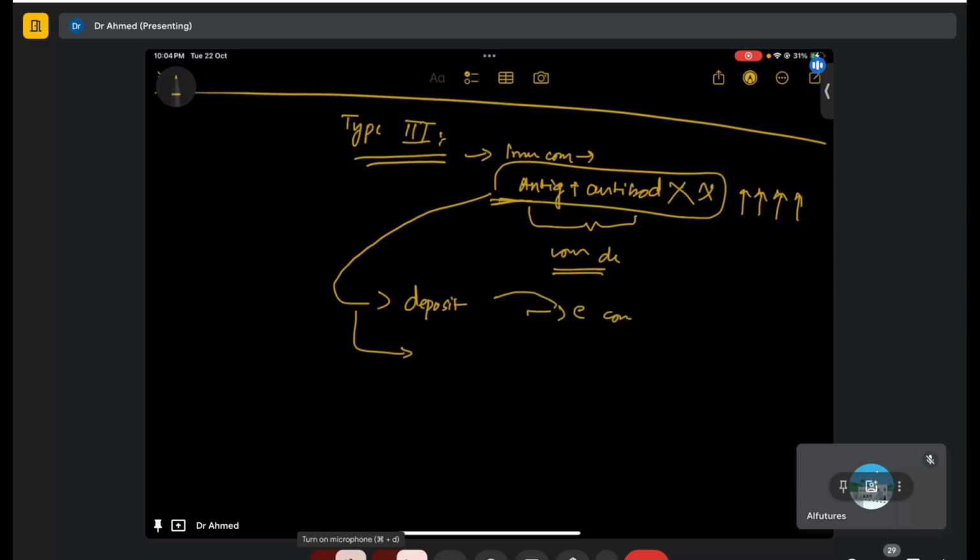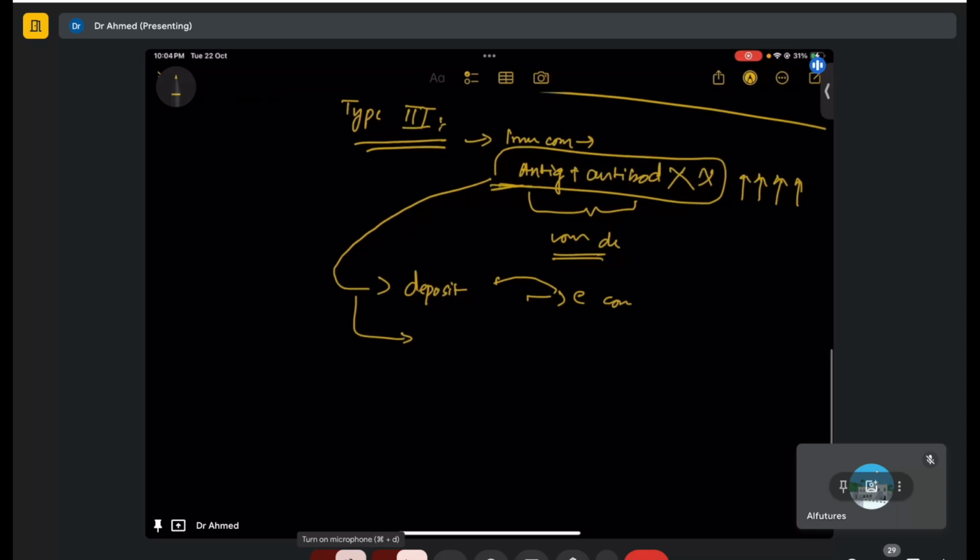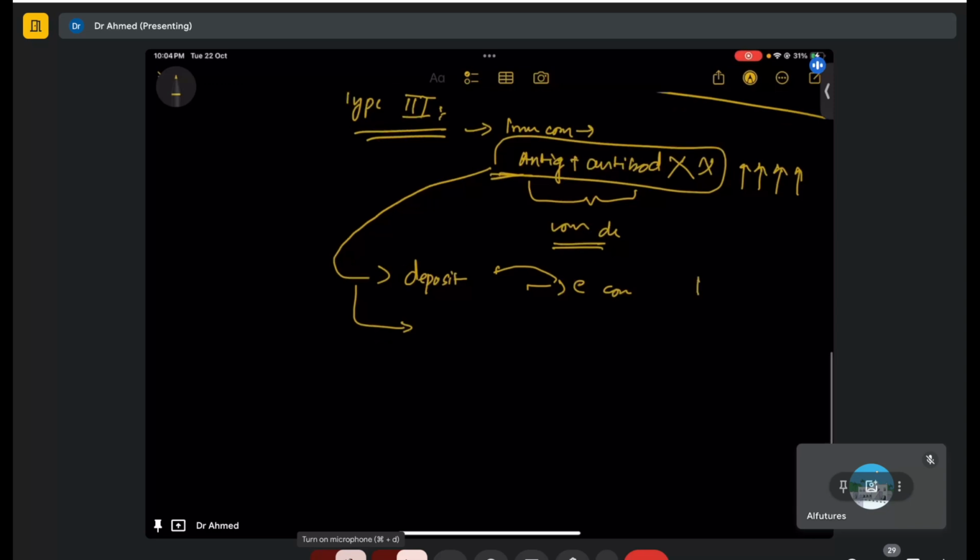It cannot destroy this antigen antibody complex, but it would start destroying your normal tissues and give you manifestations of type 3 hypersensitivity, right? Okay, so what will happen to the complement activity if my complement system is consuming more? What happens to the level of C3 and C4? It decreases, perfect. So C3 and C4 are going to decrease.